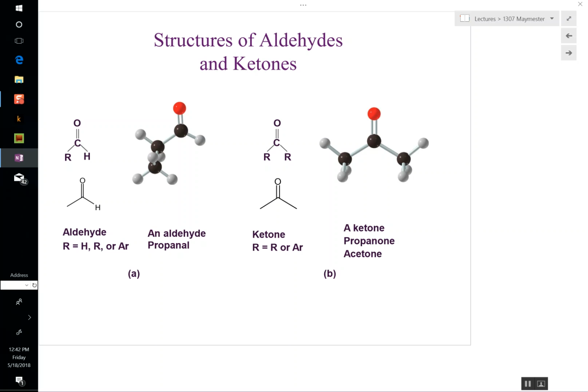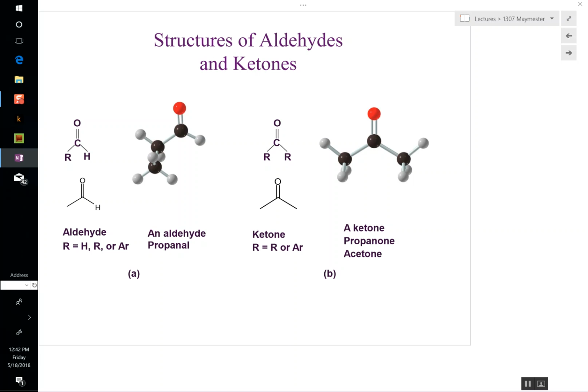What is the difference again between aldehyde and ketone? Well, you can see it right here. This carbon-oxygen double bond is on the end. This carbon-oxygen double bond is in the middle. It's got a carbon on either side of it. So that's a ketone. And we're going to take the one and pull it in there, drop the E, and instead of propane, it's propanone.